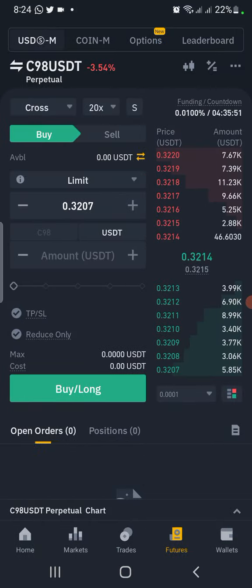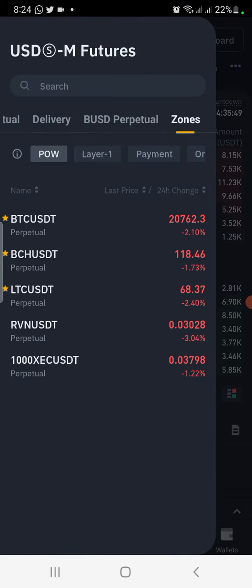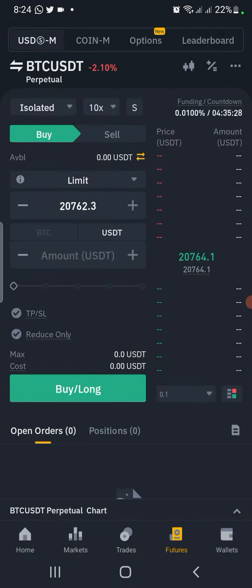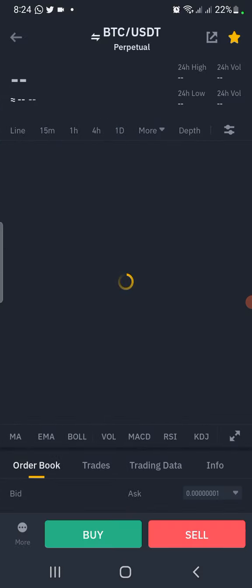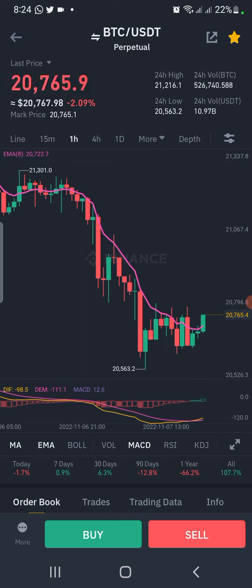And let's see if we could see another pair. Okay, let's go to BTC. Let's see if it will work for BTC. Oh yeah, so it's pushing up. As you can see, when the market crossed here, it closed above this line.